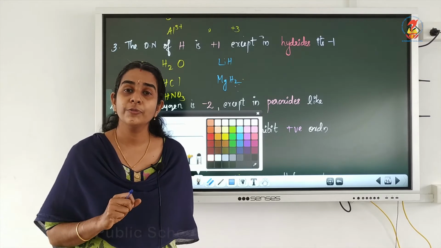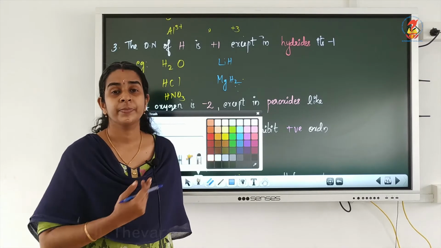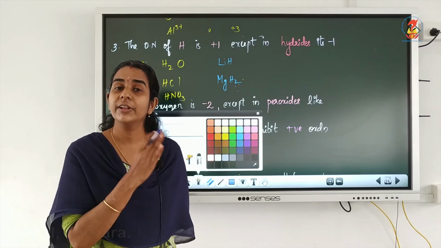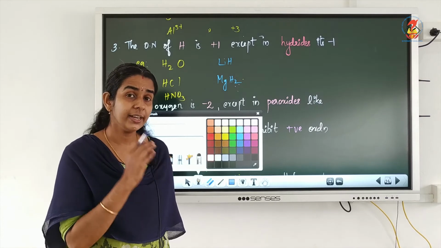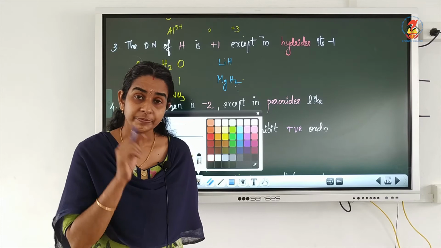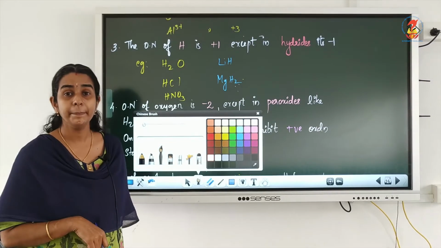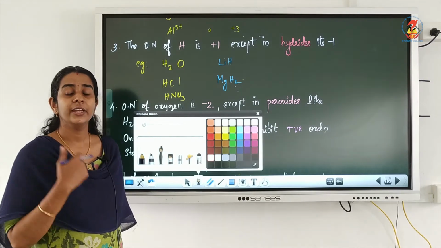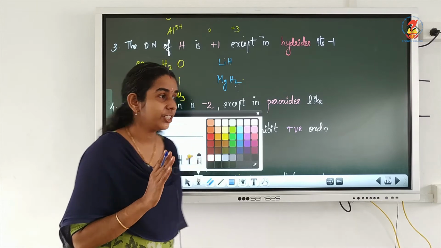Just check the formula of the compound. If hydrogen is coming on the extreme right of the formula, that will be a hydride, and in that compound the hydrogen oxidation state will be -1. In all other compounds hydrogen will be in the +1 oxidation state.